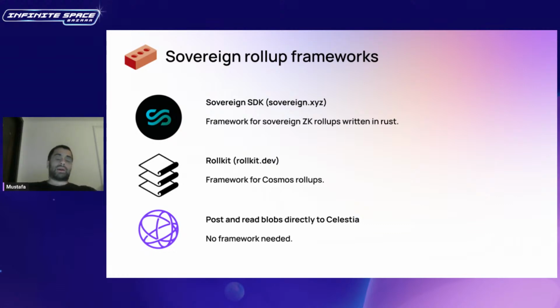and Rollkit is a framework for deploying sovereign Cosmos rollups. So you can build a Cosmos chain, and instead of having to use Tendermint or Comet BFT with its own proof of stake network, you can deploy that Cosmos chain within seconds, using some data layer to give you shared security, but still retain the sovereignty of allowing your community to hard fork if something goes wrong, if there's a hack or bug, for example, without relying on some centralized committee of people or some upgrade process to decide if that hard fork should be considered valid or not.